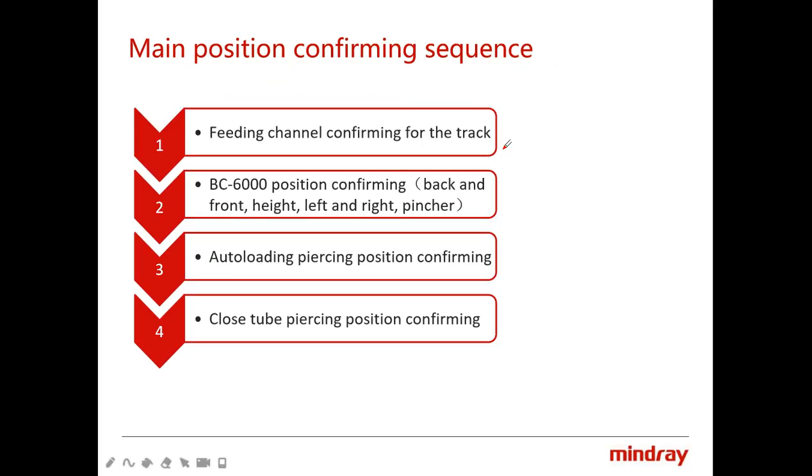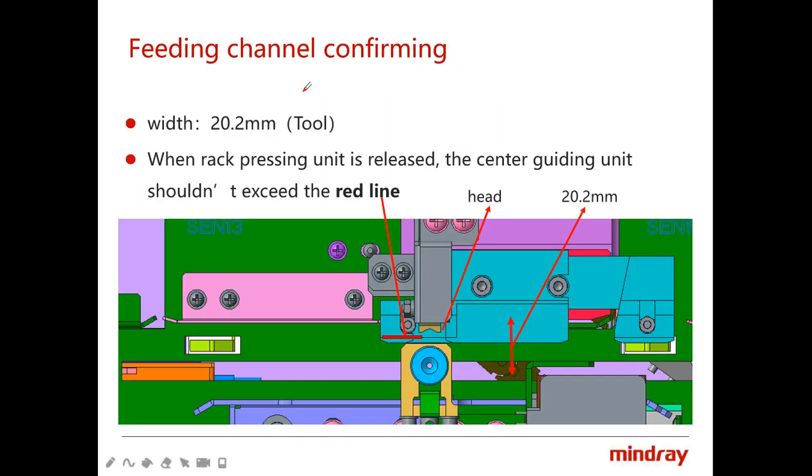And the position needs to be confirmed. The fitting channel confirming. We need to confirm whether the rack can move smoothly on the fitting channel. If not, we need to adjust the position of this part. This part, we can loosen the screws and then move it a little inward or outward.